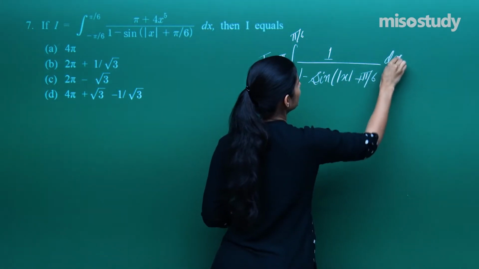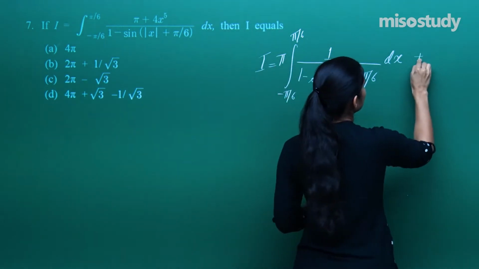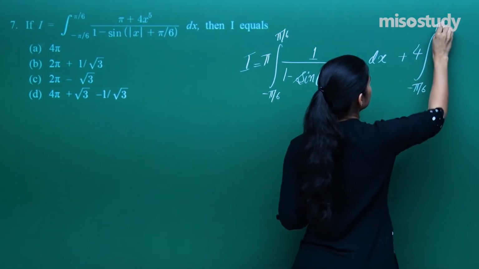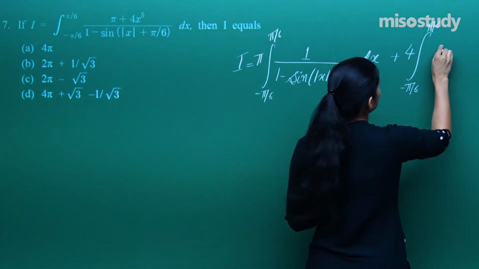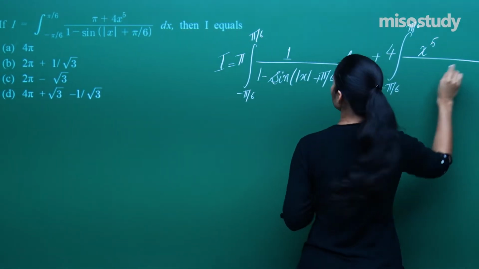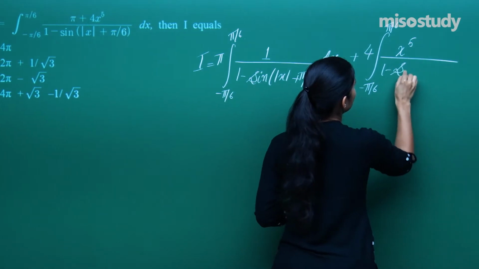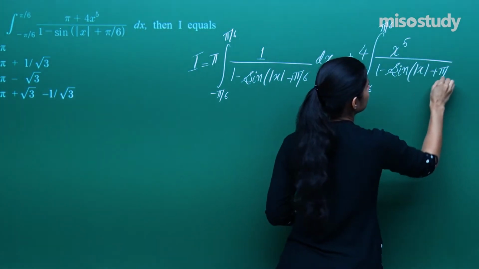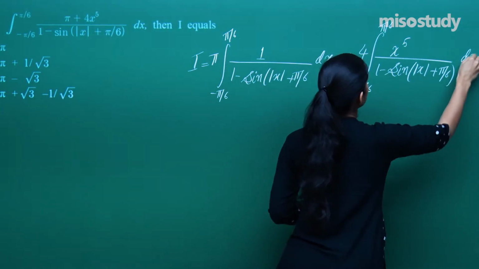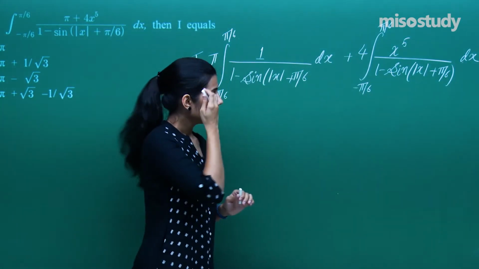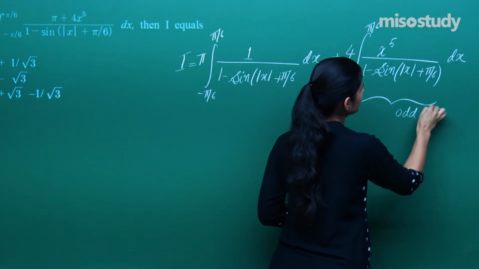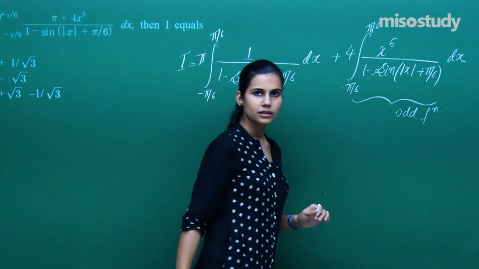This is one integral, plus 4 times integral from minus pi by 6 of x to the power 5 whole upon the same thing, 1 minus sine of mod x plus pi by 6, dx. Now you can very easily see this is actually an odd function, right?